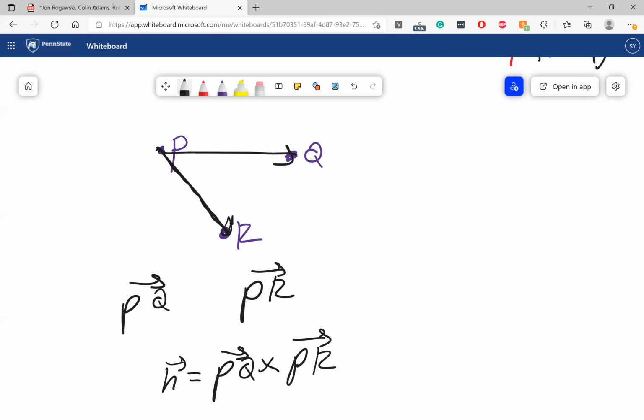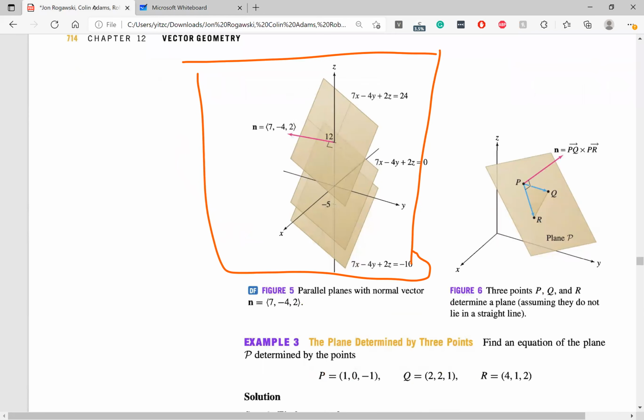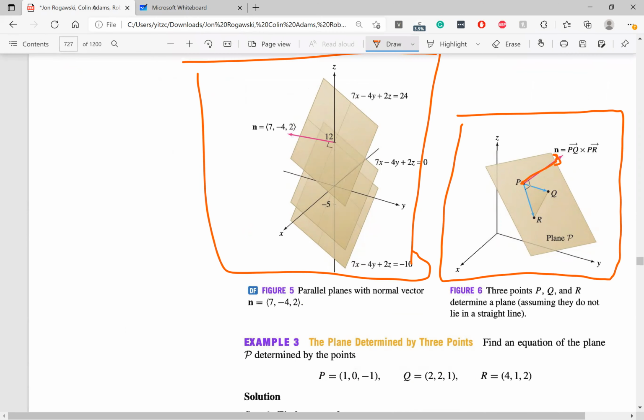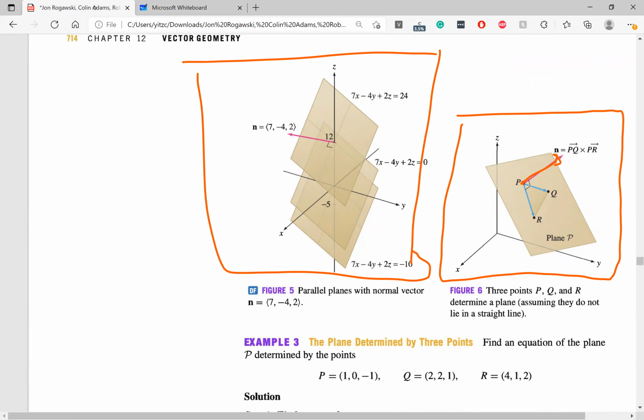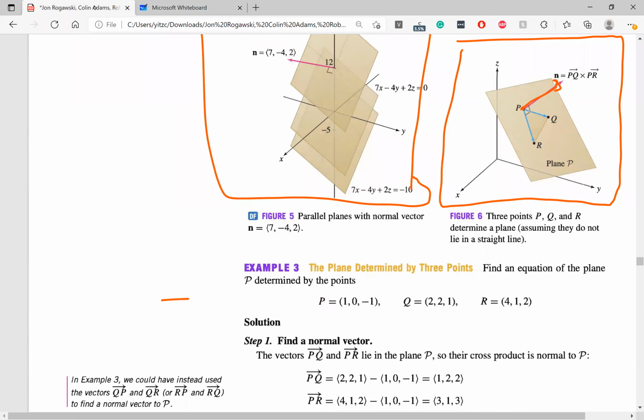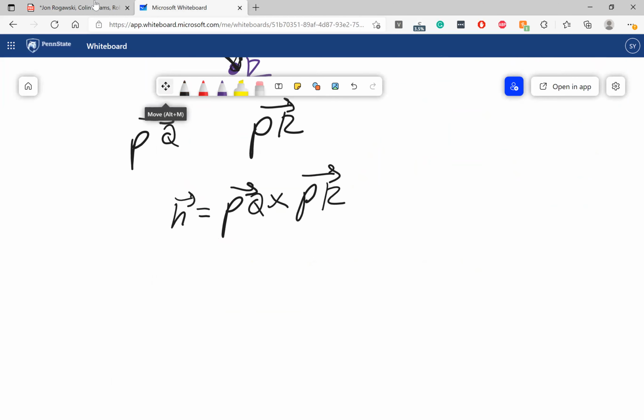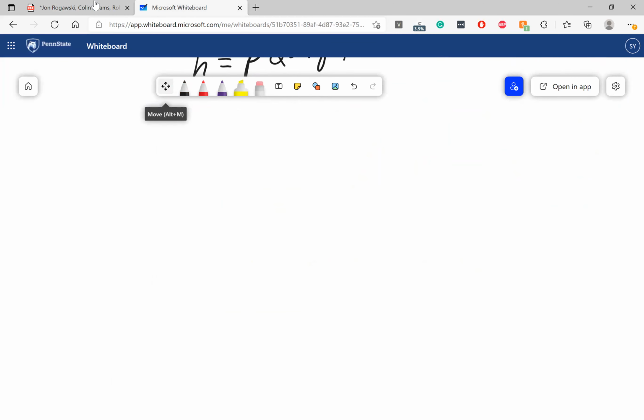Okay. So that's this picture over here that you see. You're given 3 points, P, Q, and R. You get the normal vector, PQ cross PR. And so here's an example. Find the equation of the plane determined by the points P, Q, and R. P is the point 1, 0, negative 1.